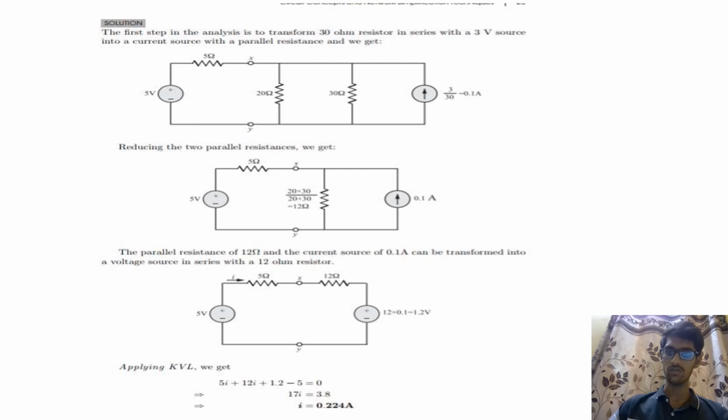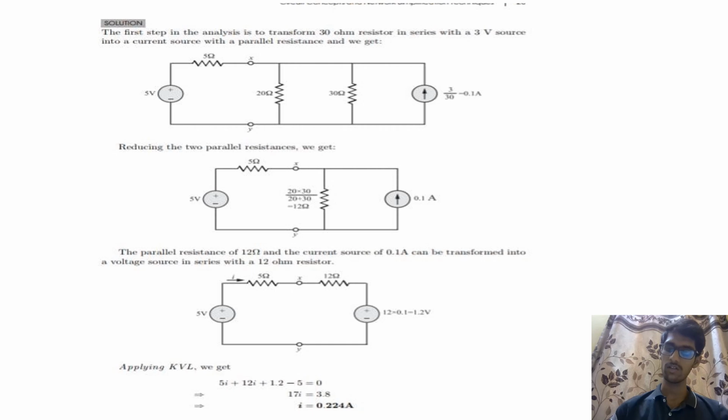To convert it, we use the formula I equals V by R, which is derived from Ohm's law. V is 3 volts and R is 30 ohms. So 3 divided by 30 is 0.1 ampere, which is displayed as the current source in the first step of the solution, and it has a parallel resistance of 30 ohms.